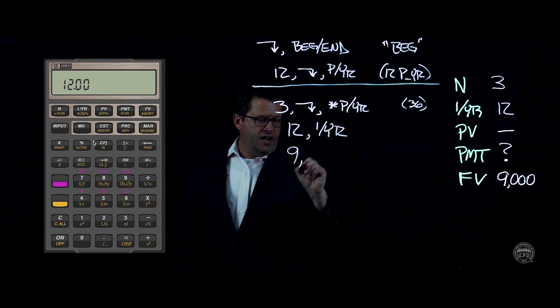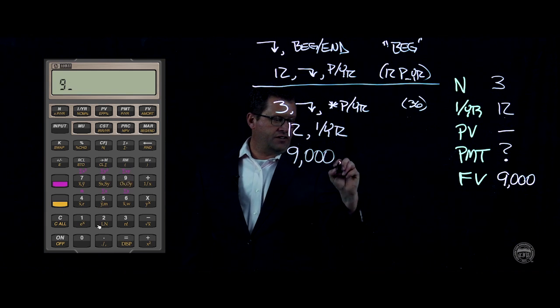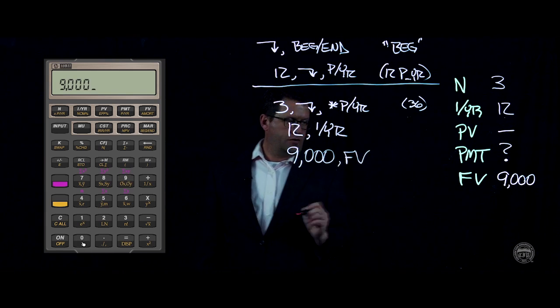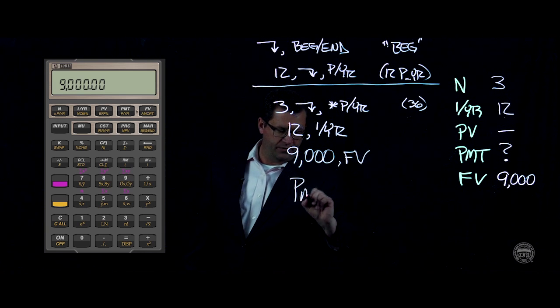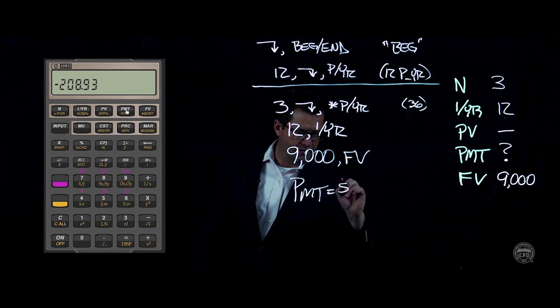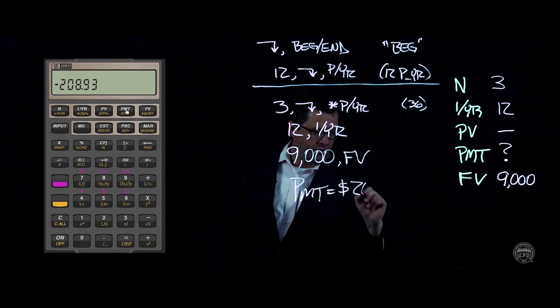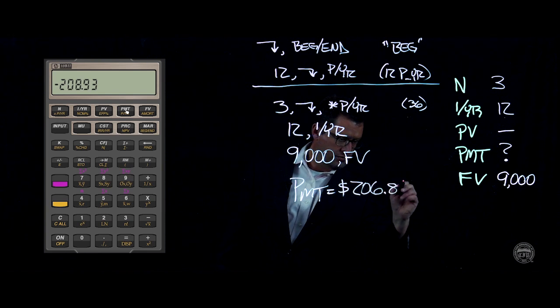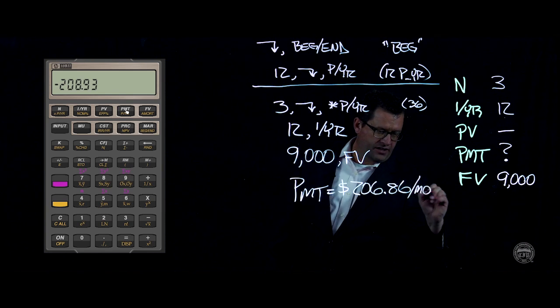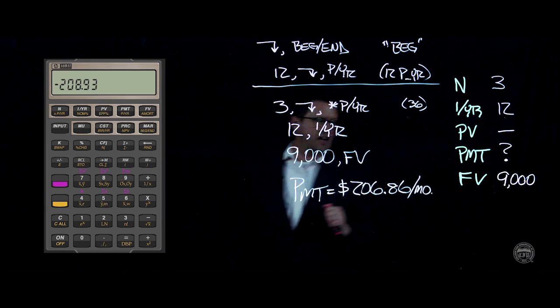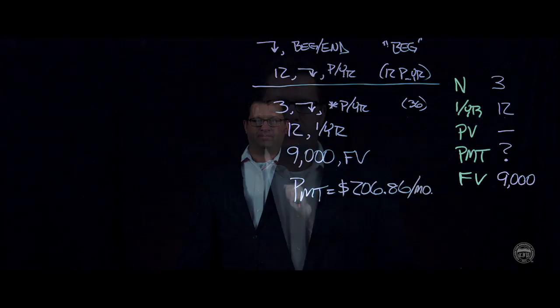Then we enter the $9,000 future value that we're trying to reach. We don't have any present value to start with. We're solving for the payment. So when we hit our payment key, we should come up with $206.86. That will be the monthly amount he needs to save to get to $9,000 in 3 years.